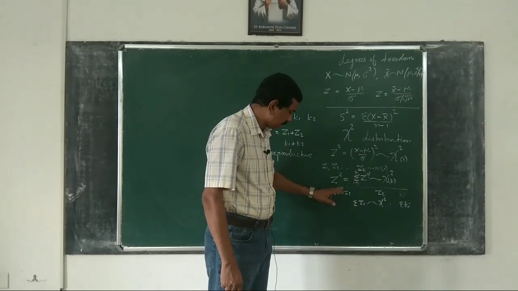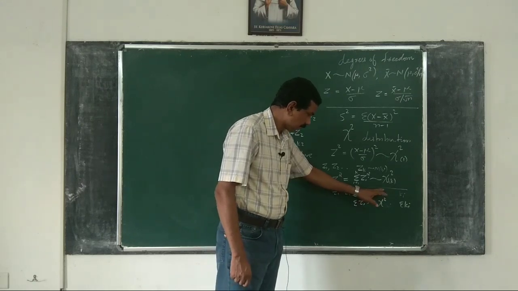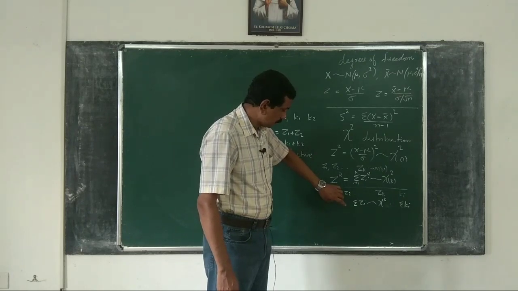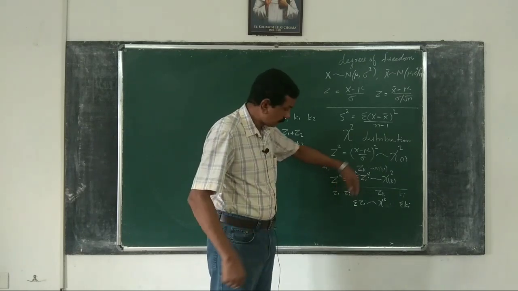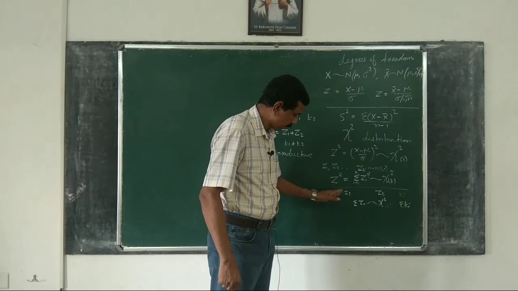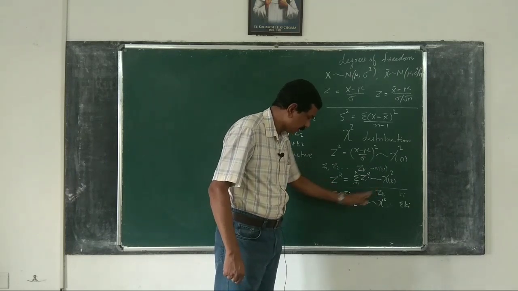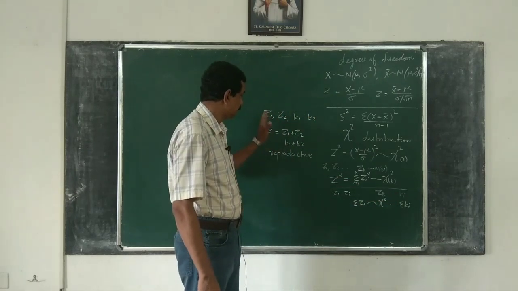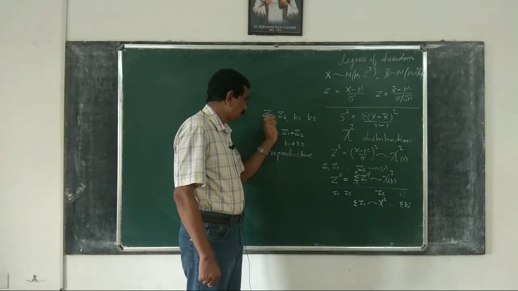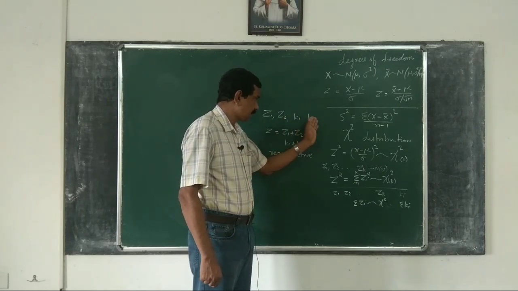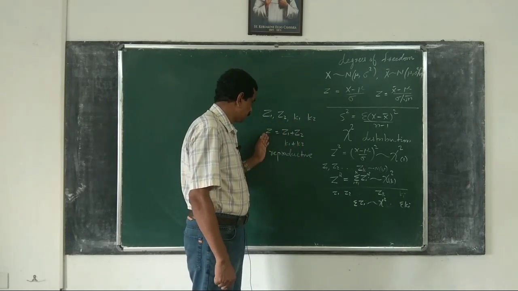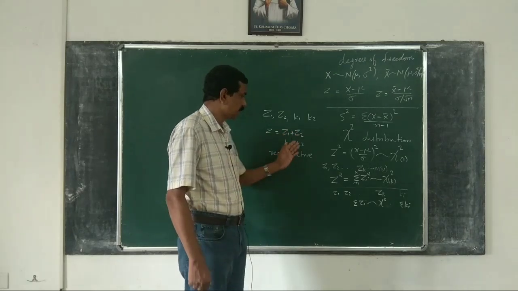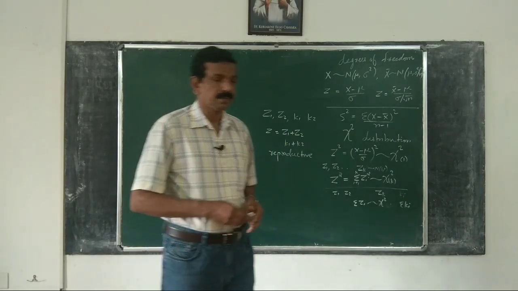And if Z1, Z2, Zk are independently distributed chi-square variables with ki degrees of freedom, then sigma Zi also follows chi-square with sigma ki degrees of freedom. Or if Z1 and Z2 are chi-square with k1 and k2 degrees of freedom, then the sum Z1 plus Z2 also follows chi-square with k1 plus k2 degrees of freedom.